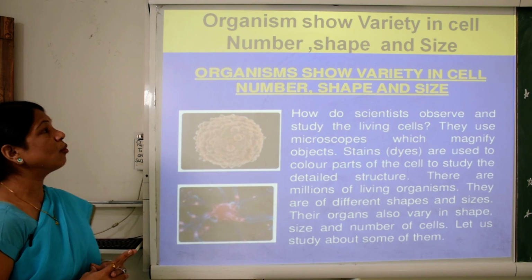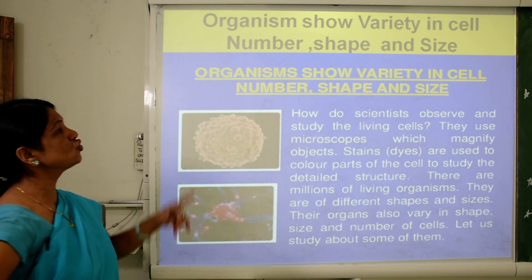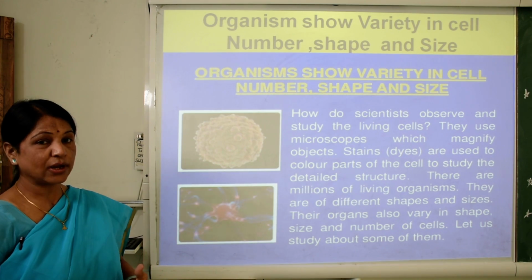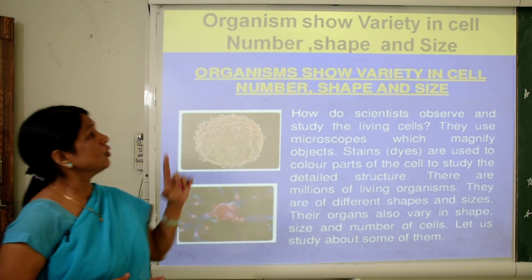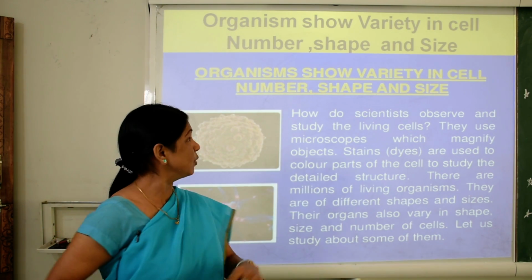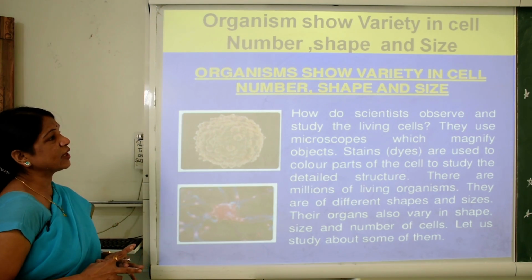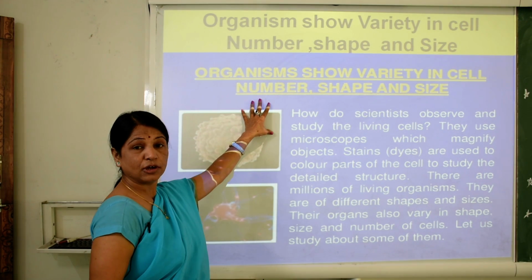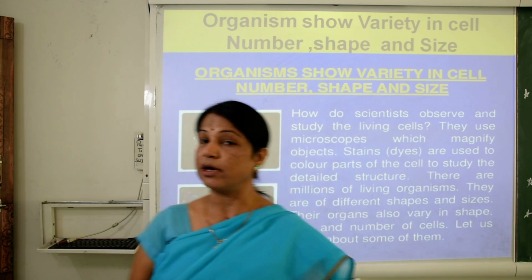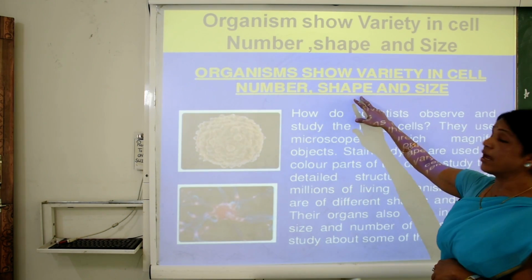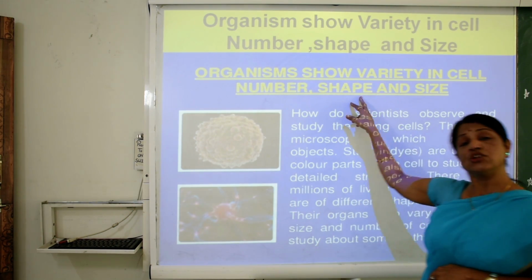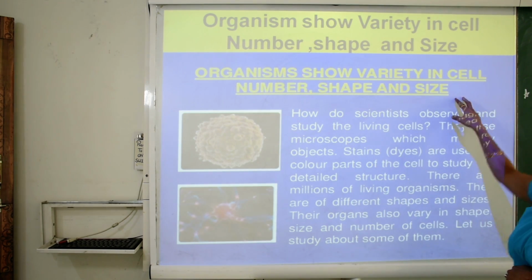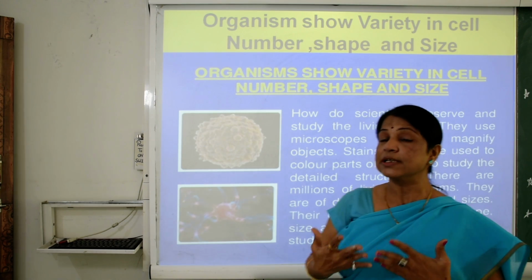Now further we talk about the organism. Organisms show variety in cell number, shape and size. First we talk about the variety of cell numbers. They have different numbers, such as unicellular and multicellular. They have different shapes, such as circular and elongated, and different sizes.